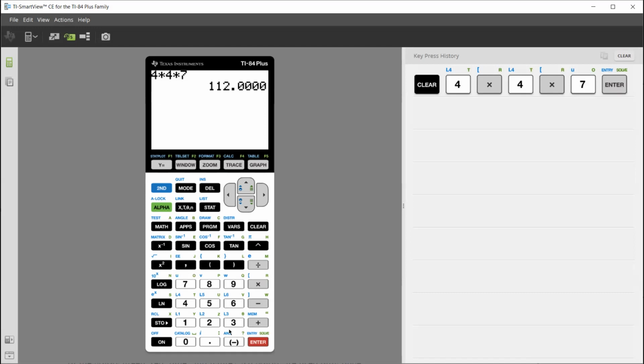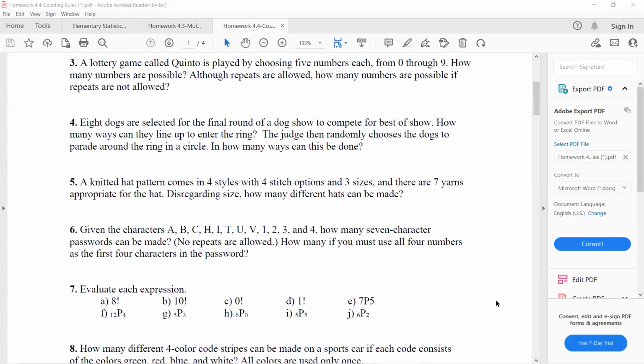These answers should be whole numbers, by the way, because in this section, 4.4, we're counting the number of ways to do something. So you shouldn't have a decimal answer for that. When you're doing these problems, all of these answers should be whole numbers.